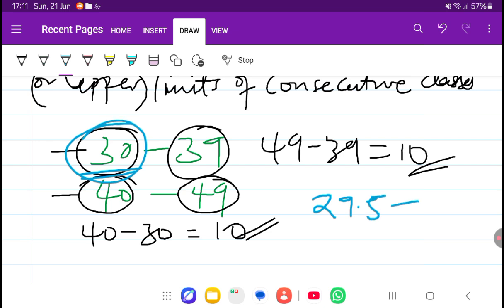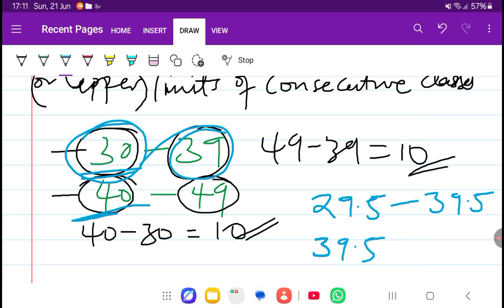Then on this one we add 0.5, so it will be 39.5. For this one it will be 40 minus 0.5, so it will be 39.5. Then on this one we add a 0.5, so it will be 49.5.